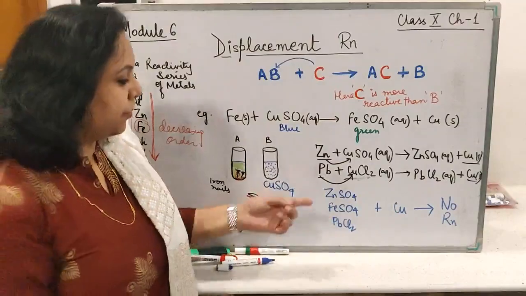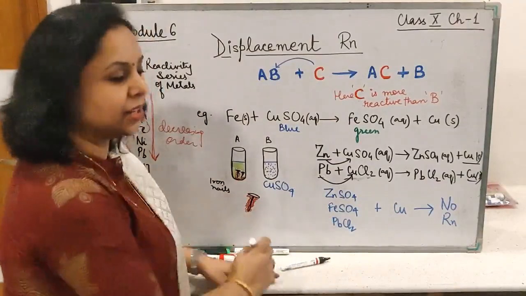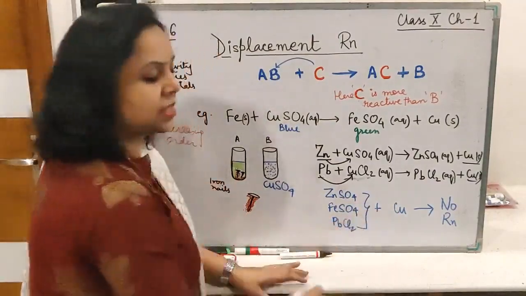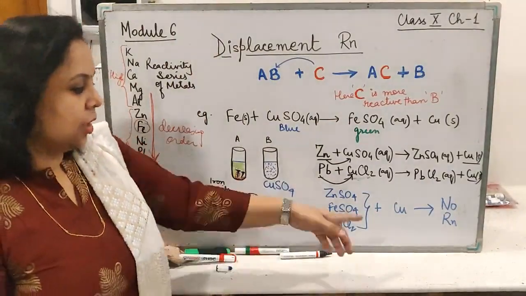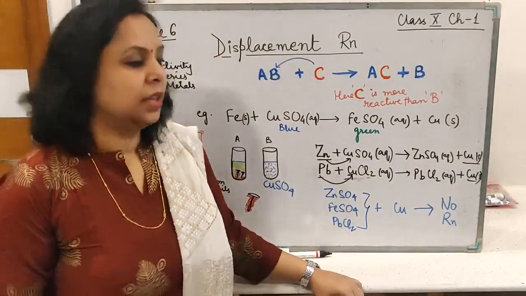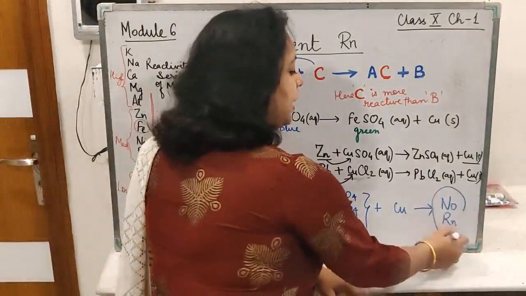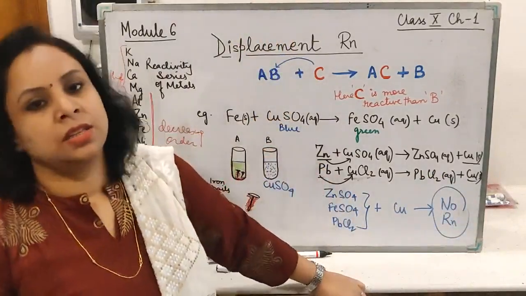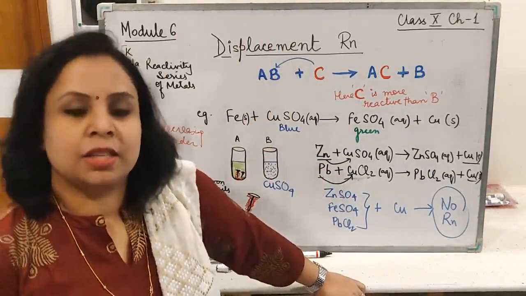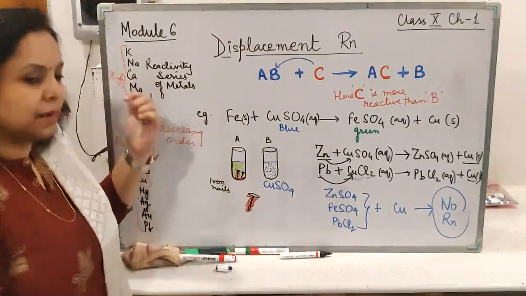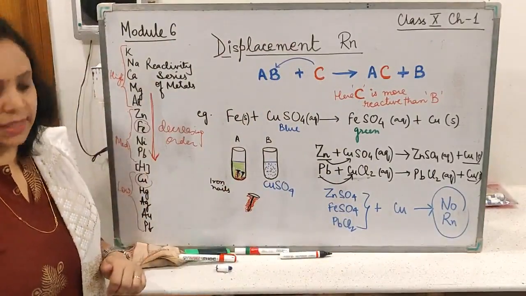Again, if we invert these reactions, any of these products when reacted with copper will not show any reaction because copper is lower to all these elements in the reactivity series.